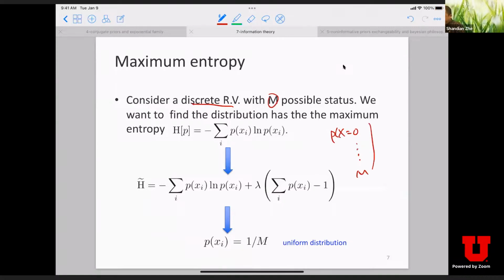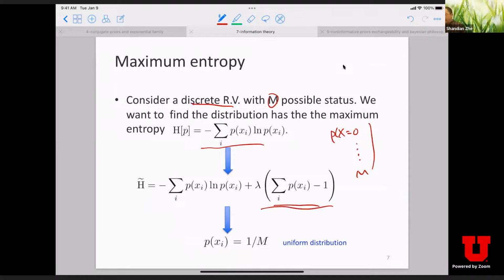If we write down its entropy in this form, it is a weighted average, or just expectation, of negative logarithm of p of xi. P of xi just means x takes the ith value. And then we need to consider that the summation of those probabilities must be 1. That's why we need to introduce the Lagrange multiplier.